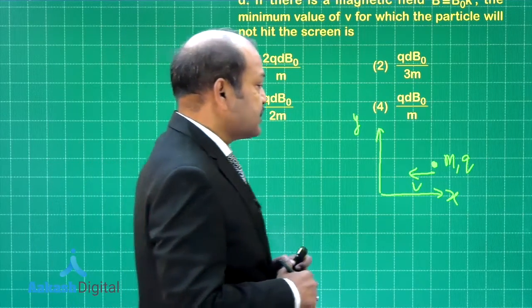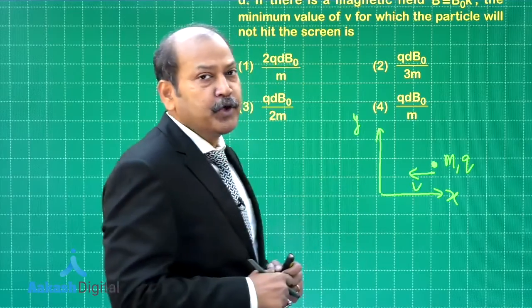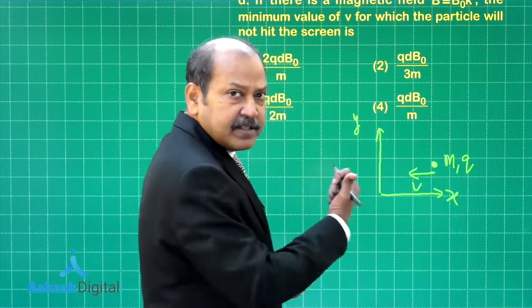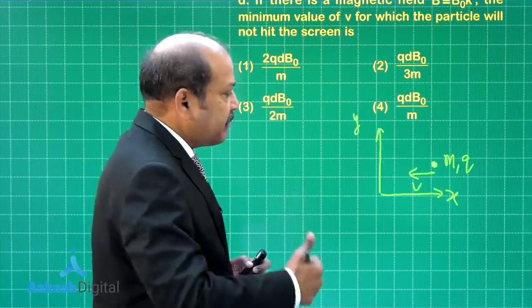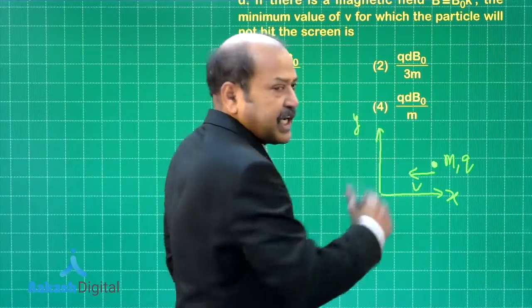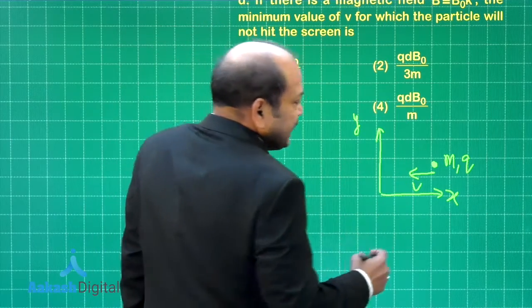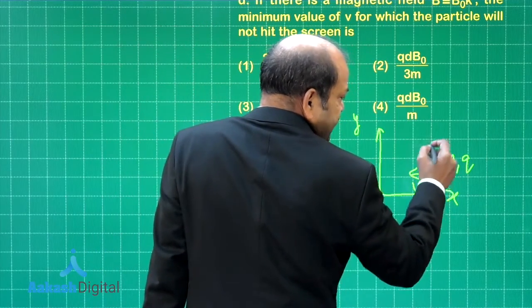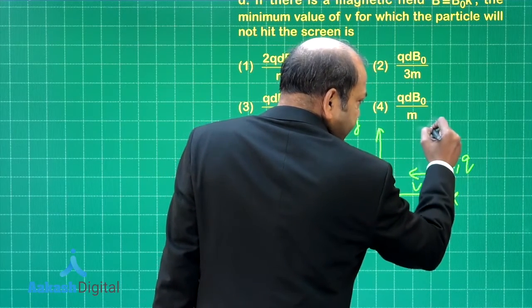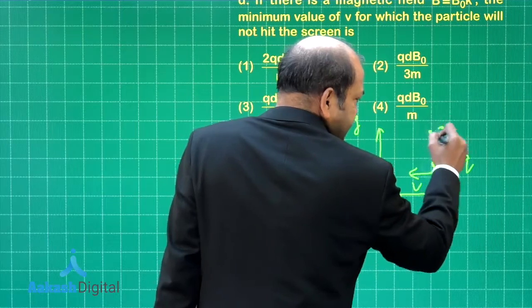The magnetic force is given by q into v cross B. So, v in this direction and B naught in this direction. So, the magnetic force is in the upward direction, considering that charge q is positive. So, that means its center of curvature will be perpendicular to this line somewhere here. Let us say the center of curvature is here.